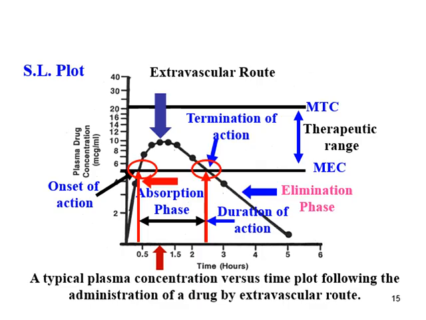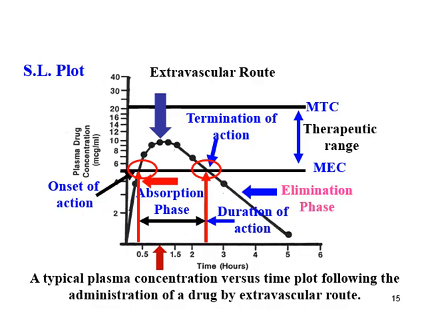So between the two points, we call it duration of action. Before that, we call it absorption phase, because you need absorption. And after that, we call it elimination phase. And that is basically all the information you need from this plot.